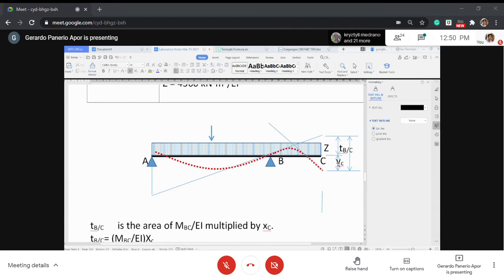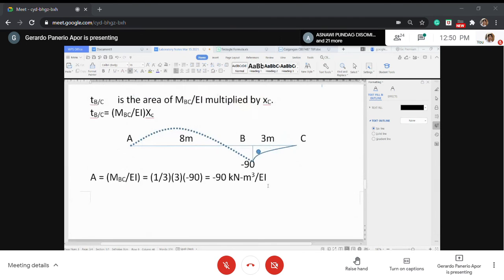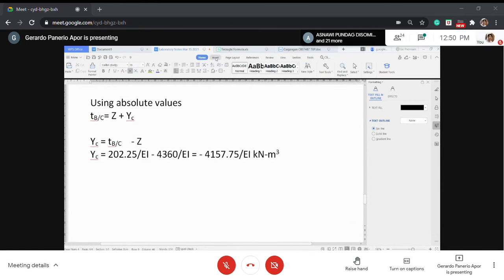Okay. You mean that the TBC has a smaller value only, no? Meaning ang saktuan na niya is ani. Ang eksaktuan na niya nga deflection is like this. Okay. That TBC is just smaller than Z. TBC is smaller than Z.